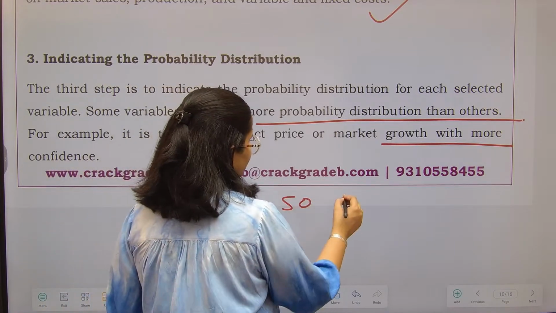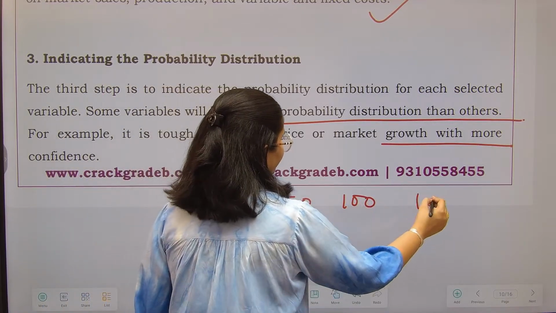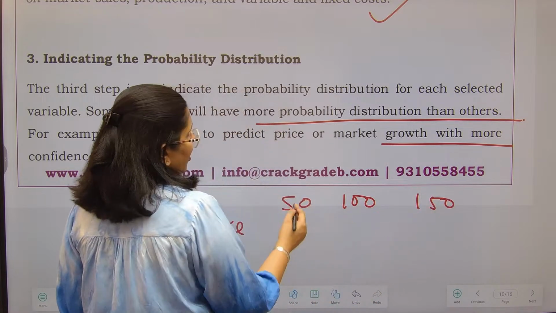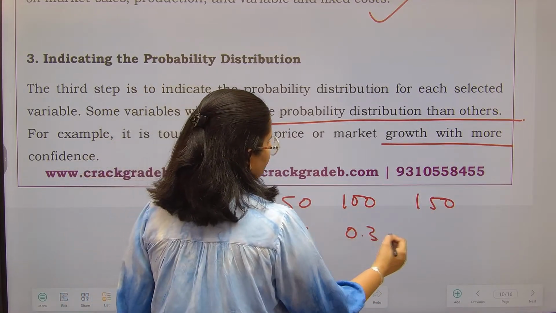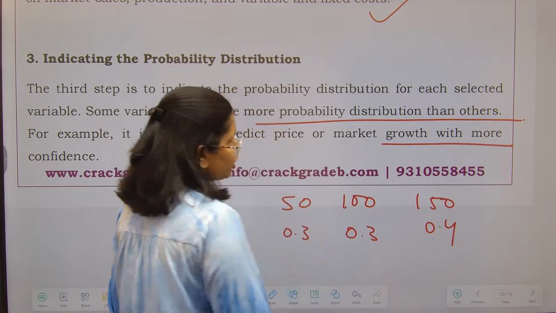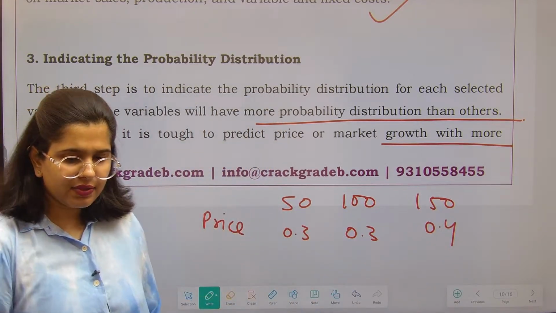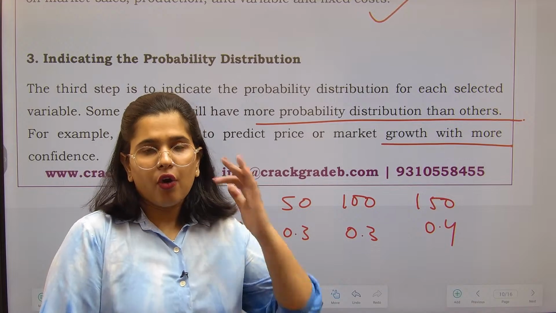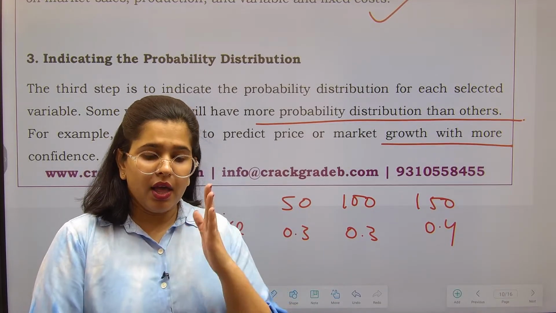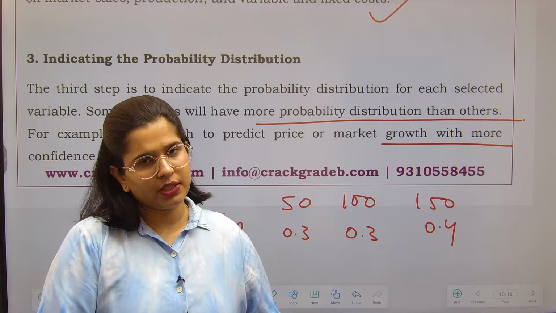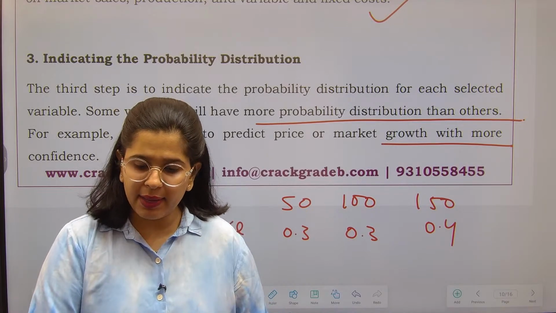It could be 50 rupees, it could be 100 rupees, it could be 150 rupees likewise. Right? 50 rupees probability is this. So I have more number of items, and that is why I am not very sure what is going to be the course of market price or what is going to be the pattern that market price is going to follow. ठीक है, मुझे नहीं पता है इस बारे में.